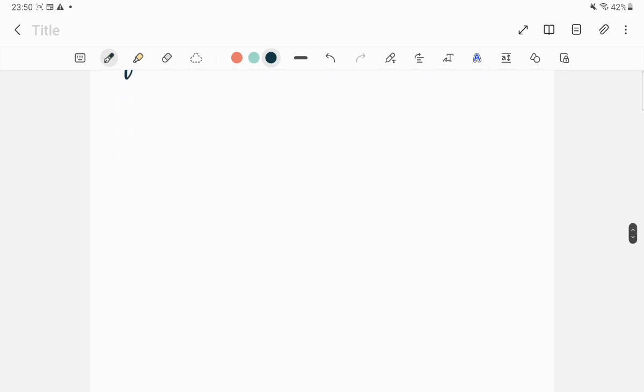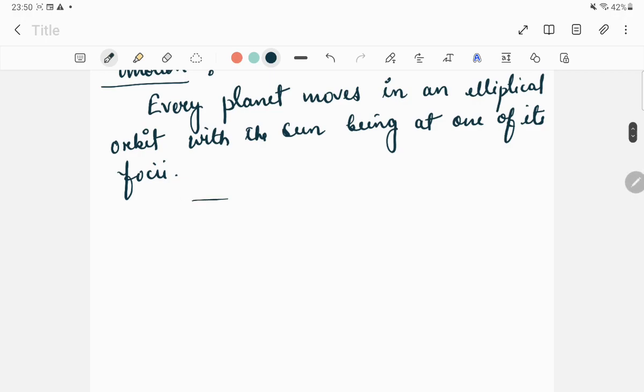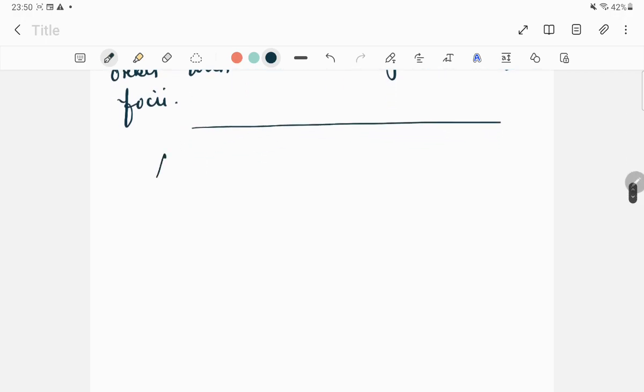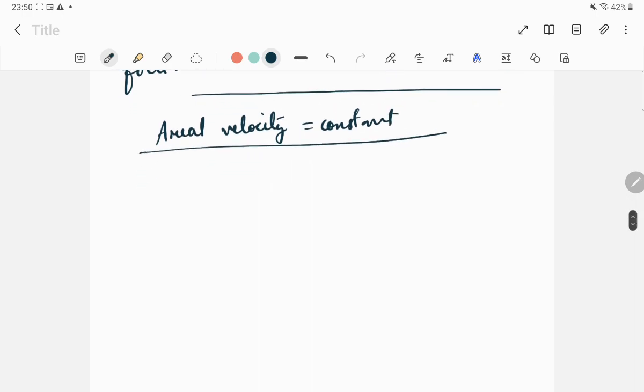So we need to prove that when this condition of areal velocity is constant, with this condition we can prove that the path of the planet is elliptical.